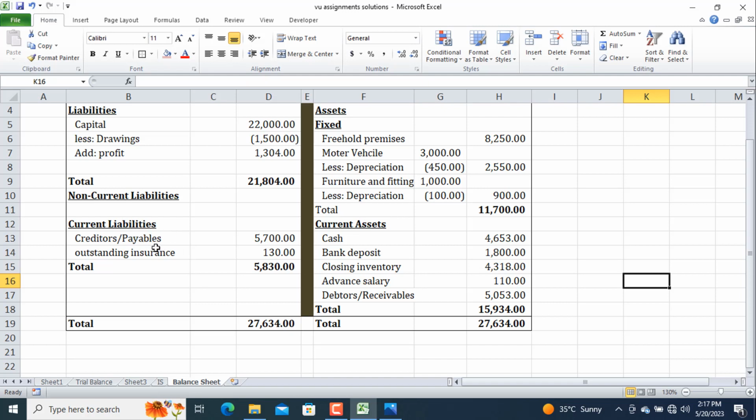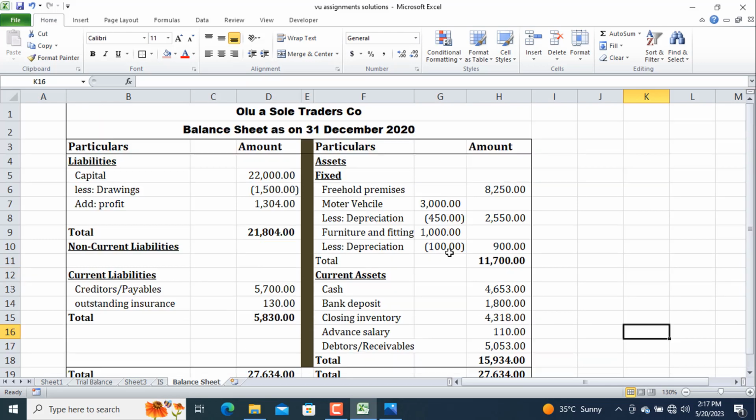Current liabilities: creditors payable 5,700. Outstanding insurance 130, which is payable, and it is given in the additional information. Now 5,830. Now add the total of this to reach the grand total 27,634.